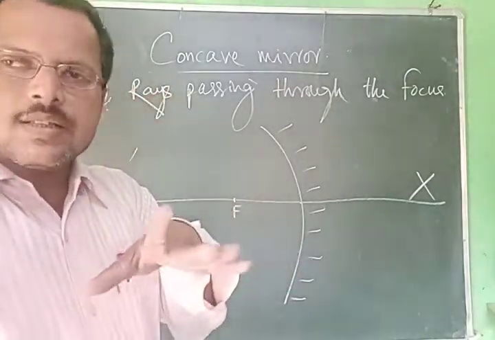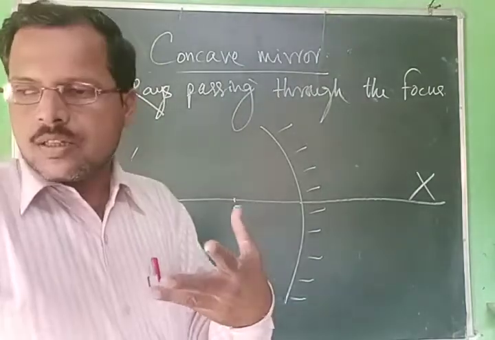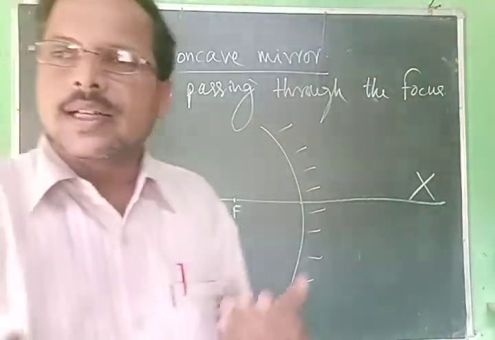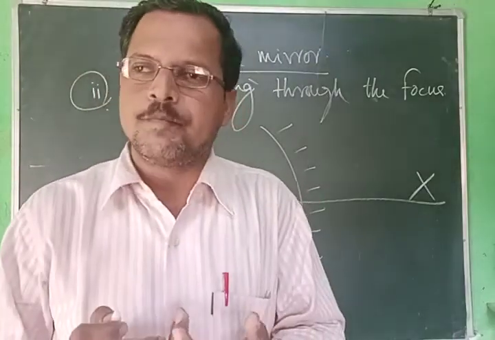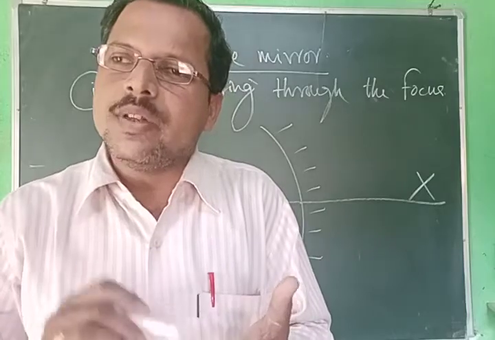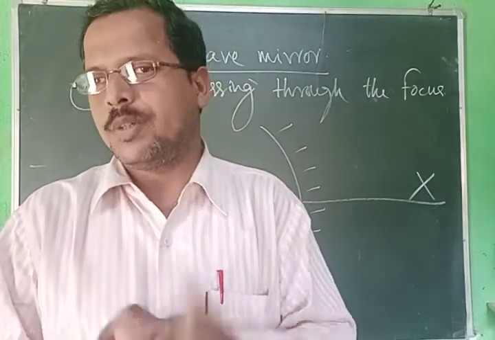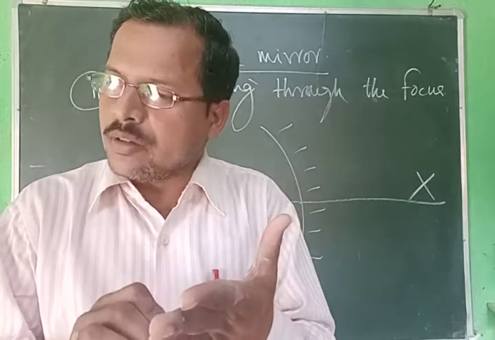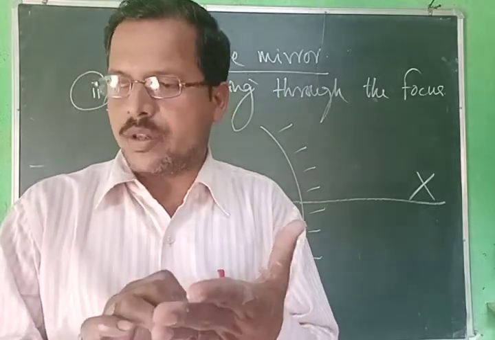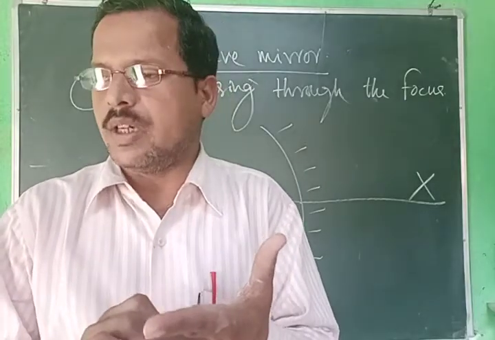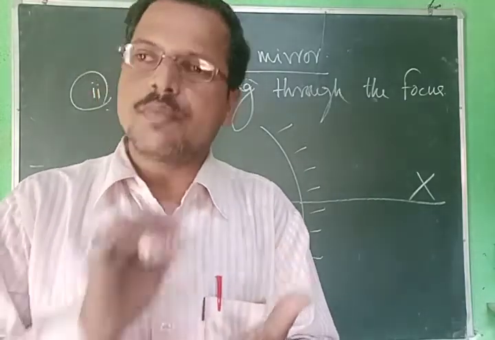So the incident rays through the principal focus are always reflected parallel with the principal axis. Important point: rays passing through the principal focus get reflected parallel. What? Parallel with the principal axis.